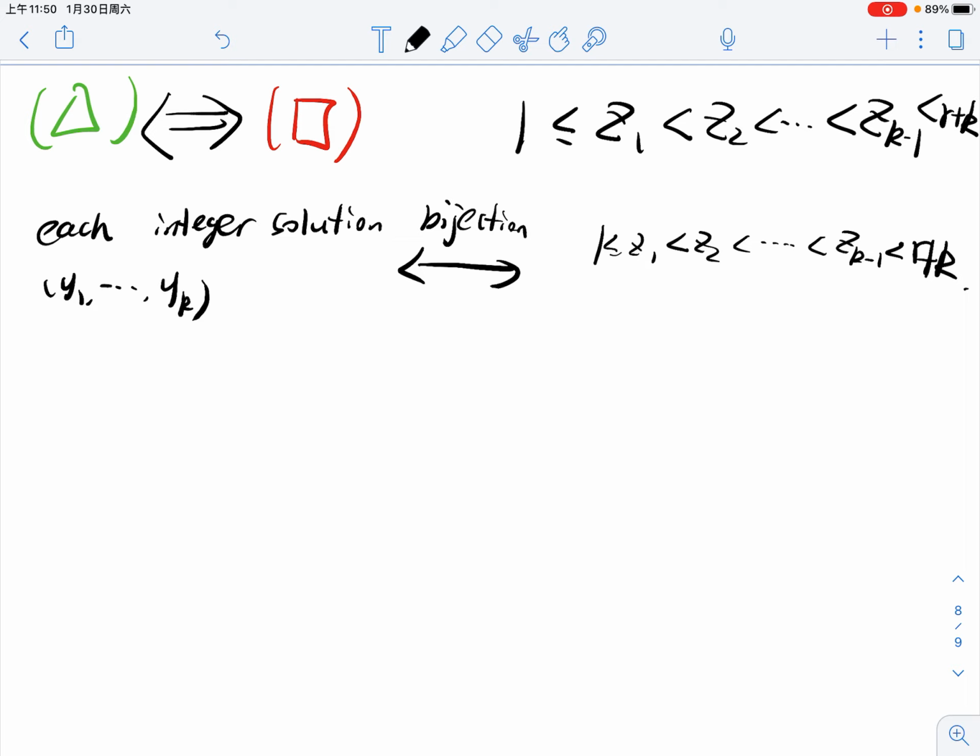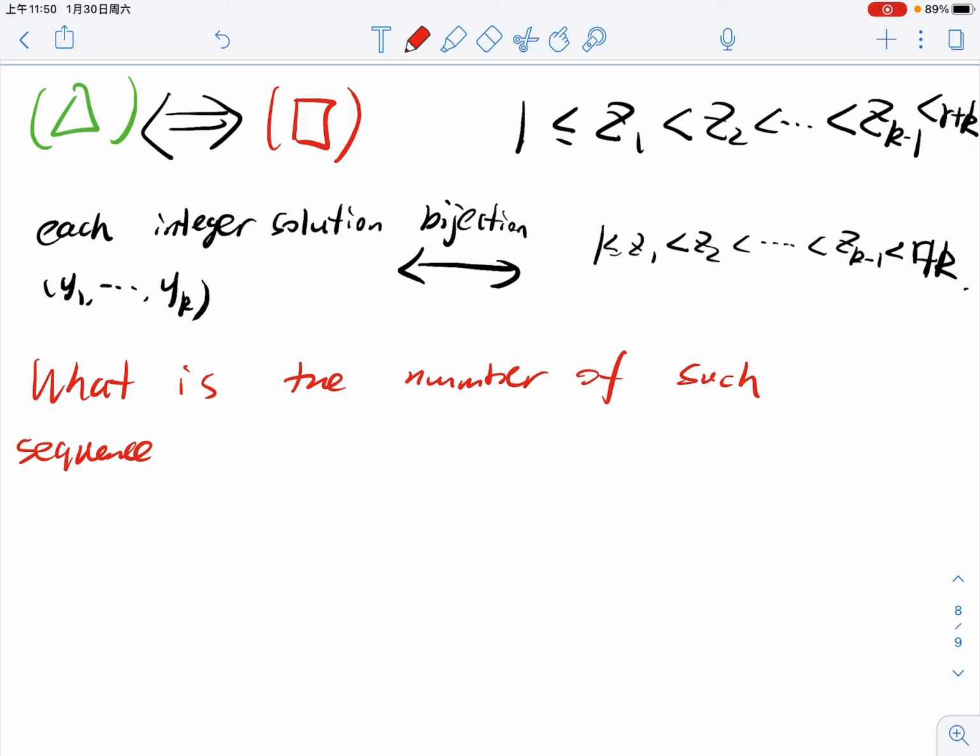Okay, then what is the number of such sequences according to the problem delta?